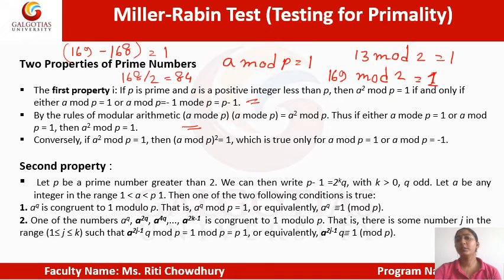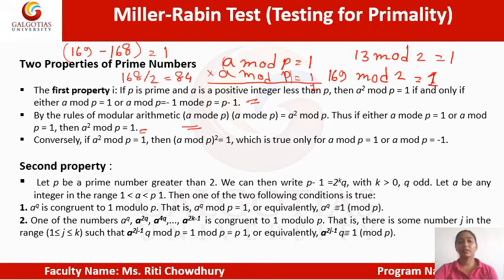This will be 1, and again if I take a mod p, this will be 1. So if we have 1 and we multiply these two numbers, the result will be 1, which is said here in this property. Conversely, if a square mod p is equal to 1, then a mod p whole squared is equal to 1, which is only true for a mod p equal to 1. So if we have any remainder which is 1, then the result will also be 1.